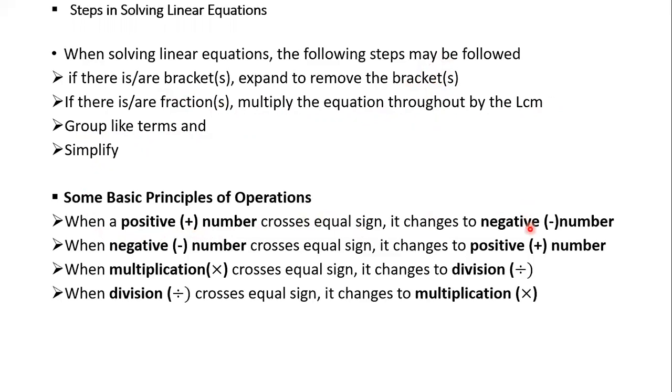So positive goes with negative, and negative also goes with positive. In the same manner, when multiplication crosses the equal sign, it changes to become division, and when division also crosses the equal sign, it also becomes multiplication. So these basic principles help us solve linear equations. So don't forget them.